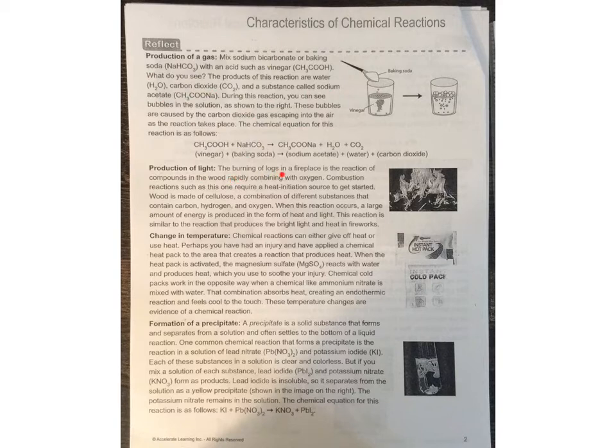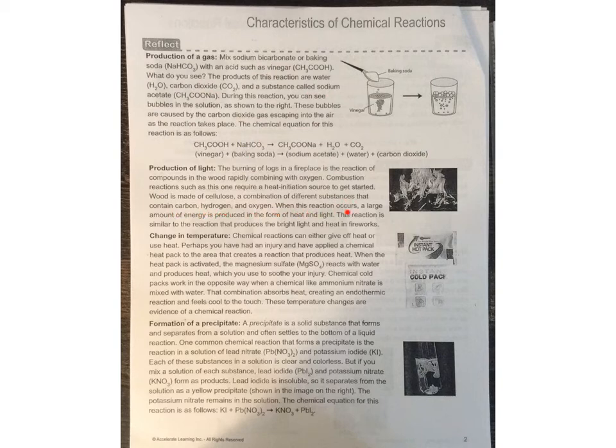The burning of logs in a fireplace is the reaction of compounds in the wood rapidly combining with oxygen. Combustion reactions, such as this one, require a heat initiation source to get started. Wood is made of cellulose and a combination of different substances that contain carbon, hydrogen, and oxygen.